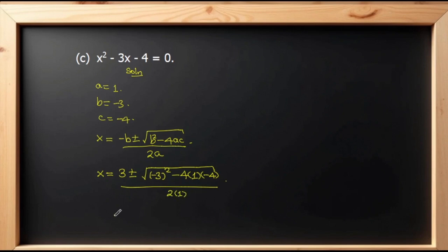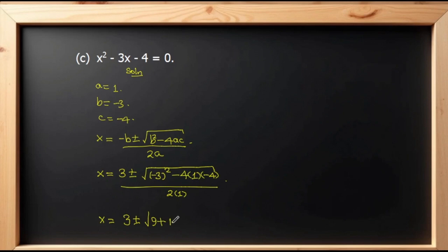So let's keep on with the simplification, and we have our 3 plus or minus square root of, now the first number here goes to 9, then written up we have here negatives, 2 of them, so negative times negative is positive, so 4 times 1 is 4, times 4 is 16.